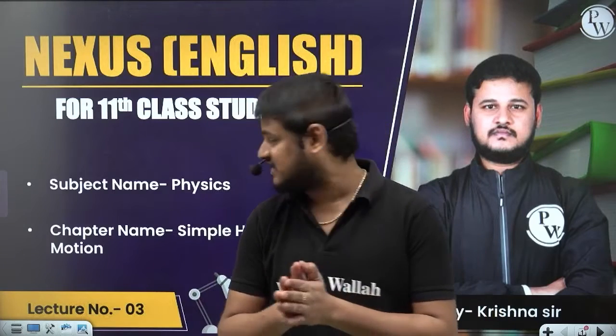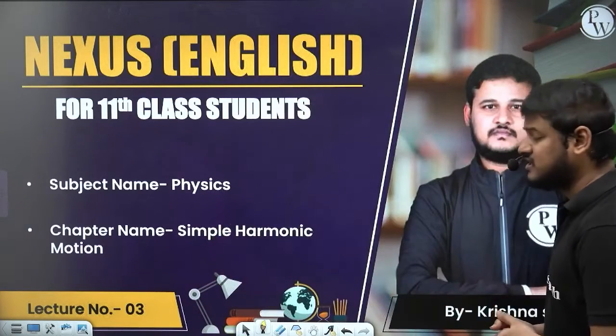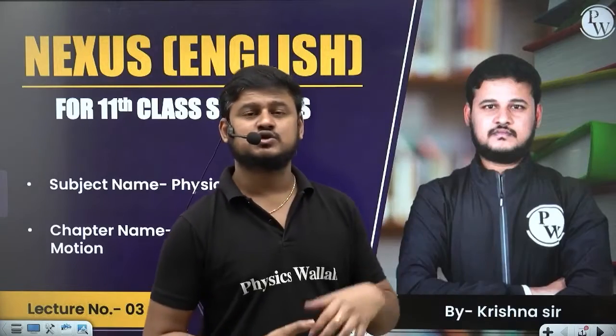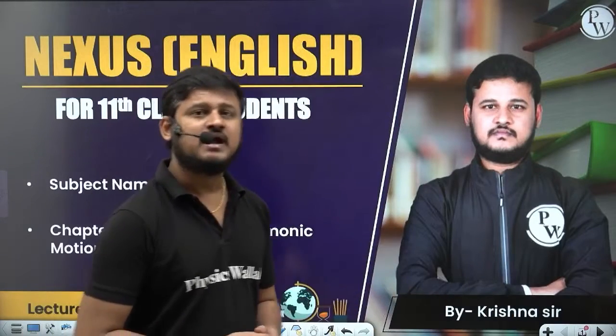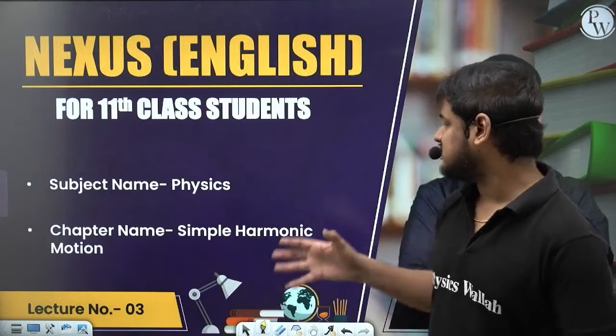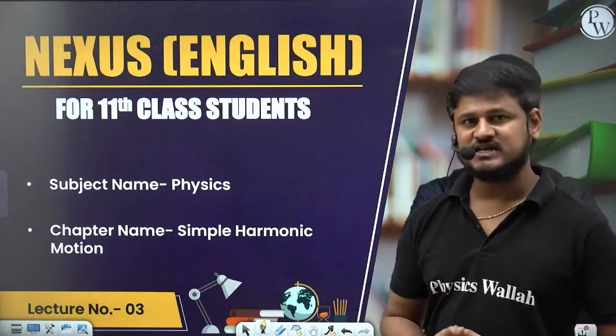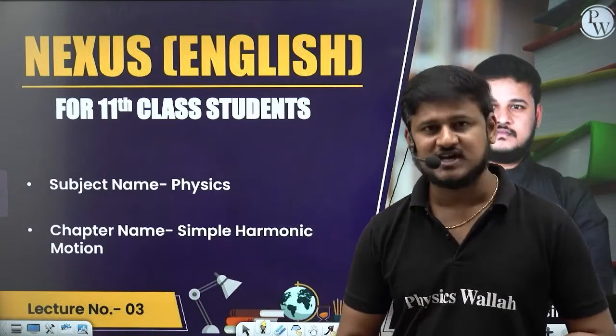In the last session of Simple Harmonic Motion, we discussed the basic terms related to S.H.M, and after that we discussed the equation of S.H.M and did some questions related to that.